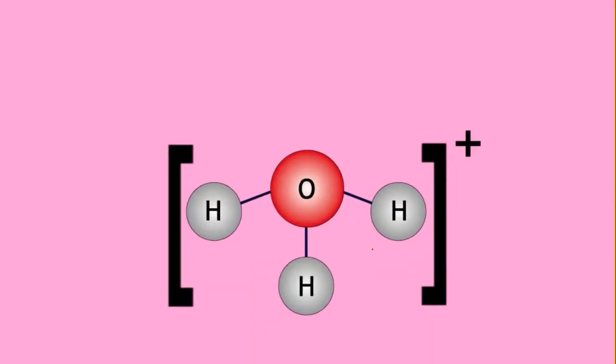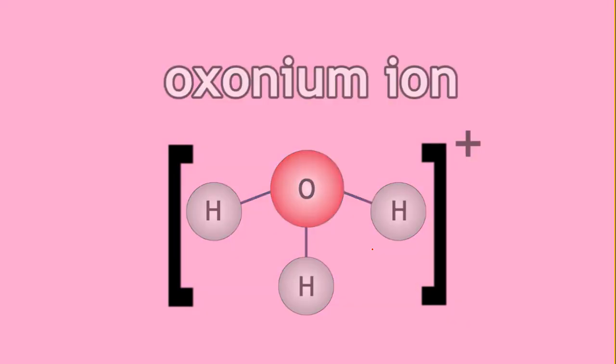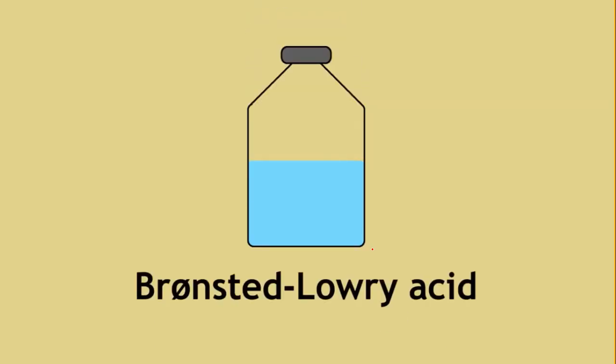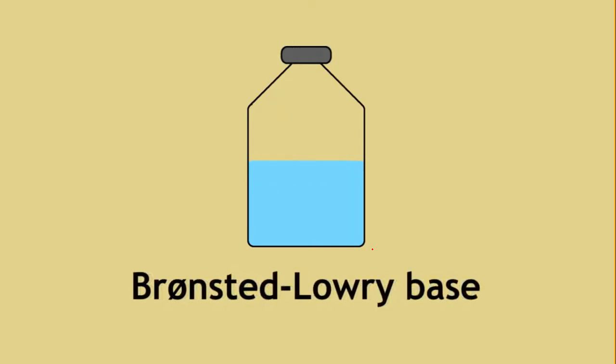A hydronium ion is also known as an oxonium ion. A Bronsted-Lowry acid is a substance that releases or donates protons in solution, in our case, hydrogen chloride. A Bronsted-Lowry base is a substance that accepts protons in solution, in our case, water.